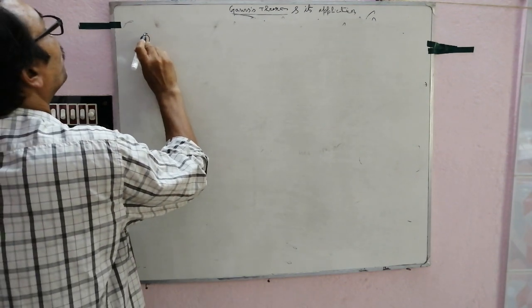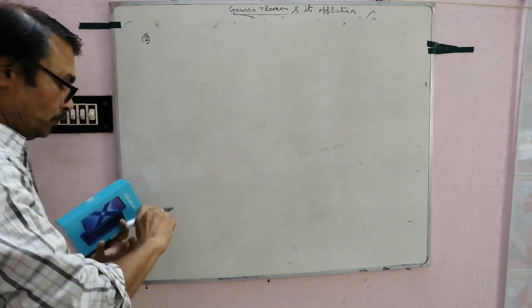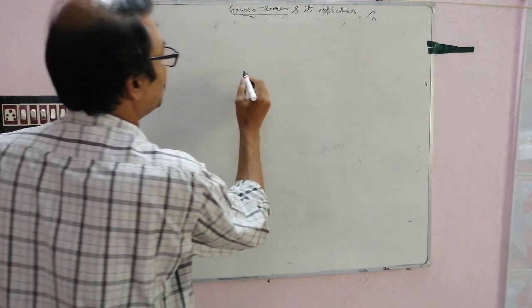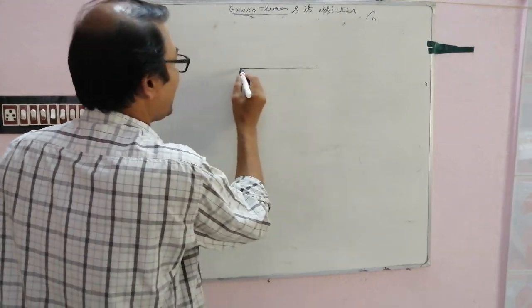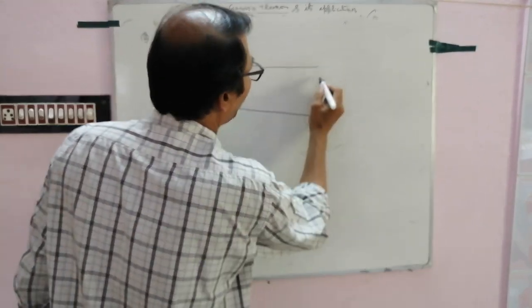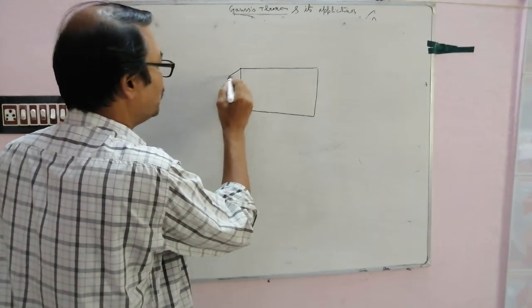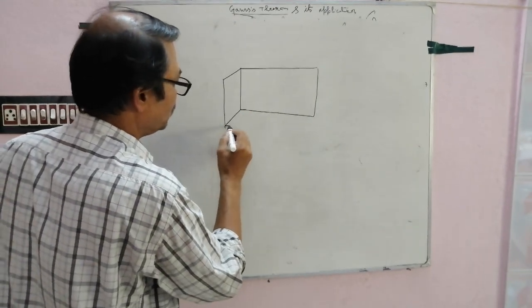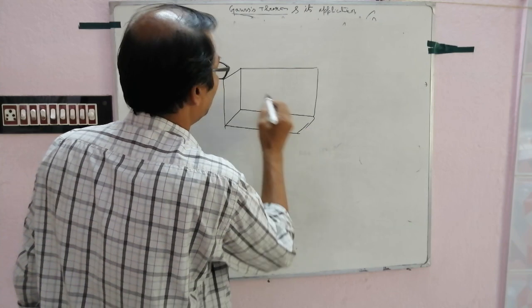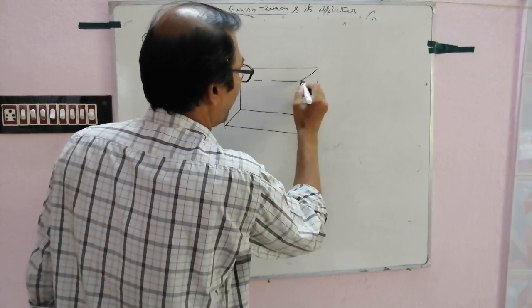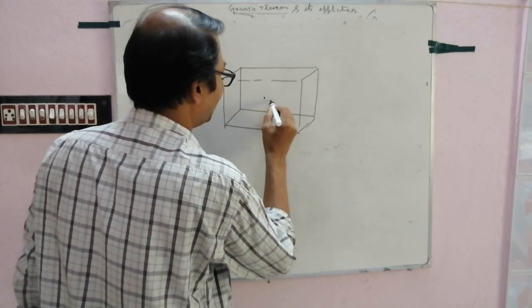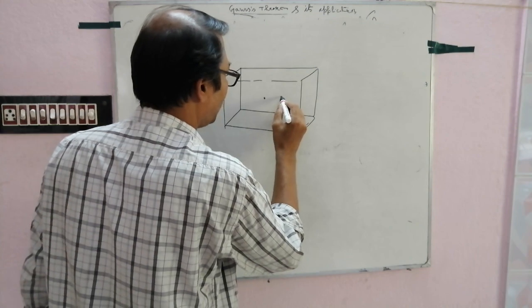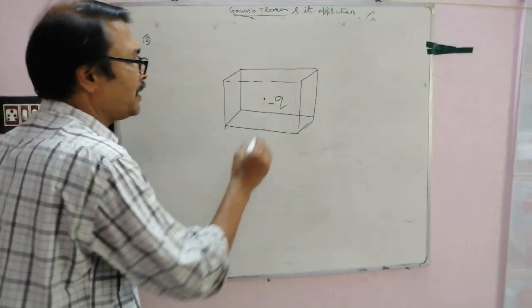This is problem number 2. This is a cuboid or cube, as you like, and here is the charge, plus q or minus q, as you like, plus q suppose.